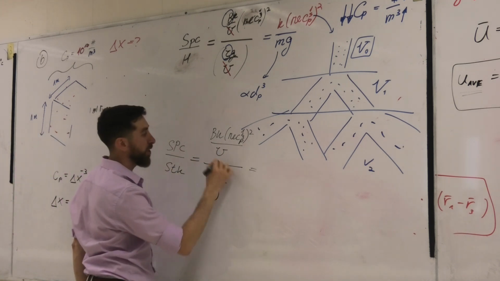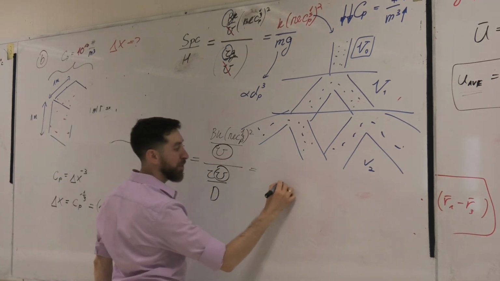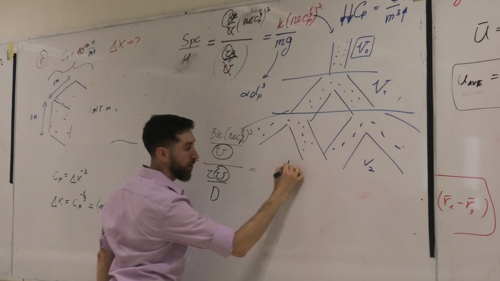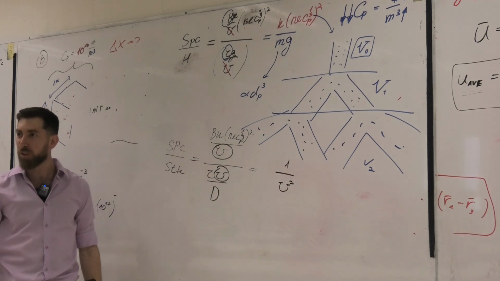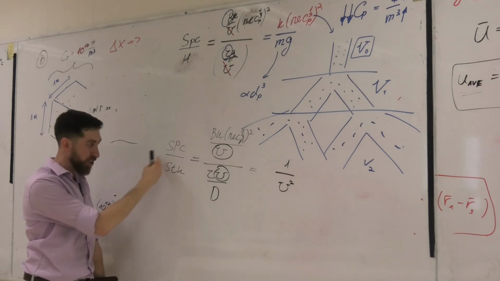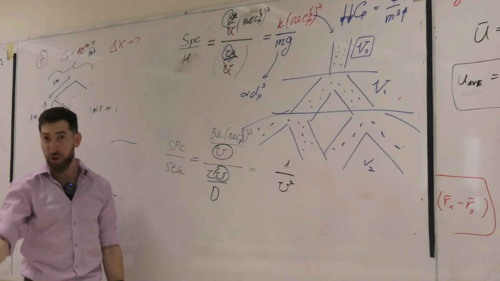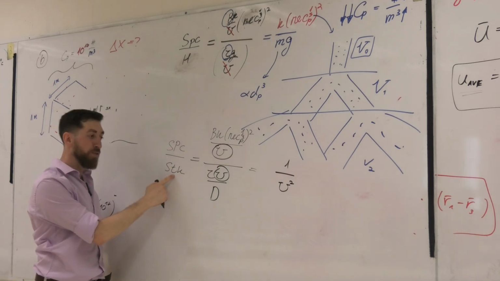And we see something very interesting. This is not canceling out, right? This is becoming U squared. You see it? So velocity is very important to say if space charge would win over Stokes, or impaction, Stokes would win over space charge. You breathe fast, space charge wins, right? You breathe slow, Stokes wins.